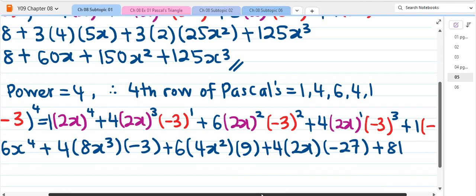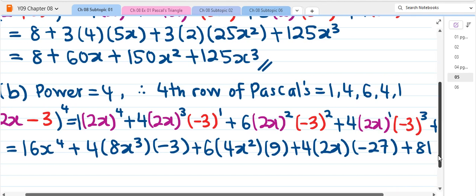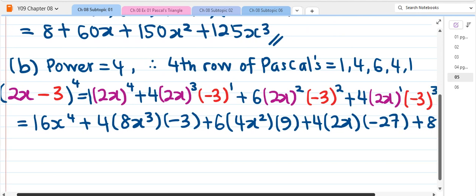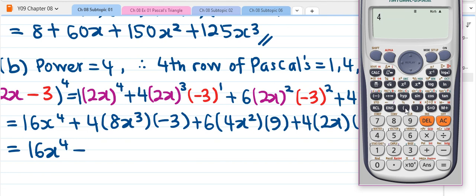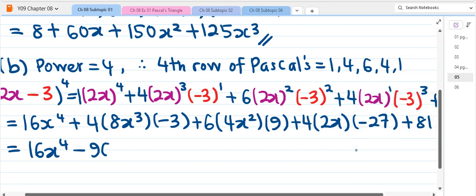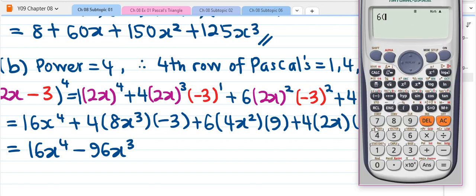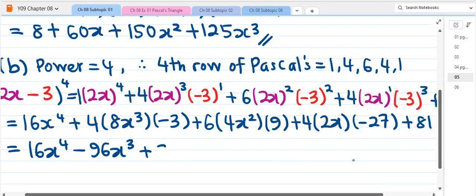Right, so you're almost there with the final expansion simplification here. So let's simplify this one. So 16x to the power of 4. And for this one, let's multiply 4 with 8 and also negative 3. So this is the coefficient of x cubed, which is 96x cubed. And as for the next term, 6 times 4 times 9, so this one is 216x squared.